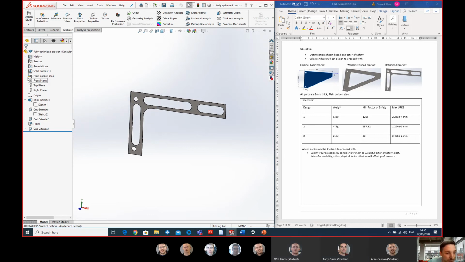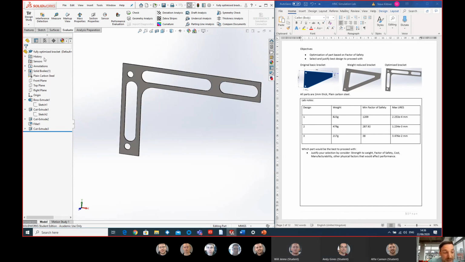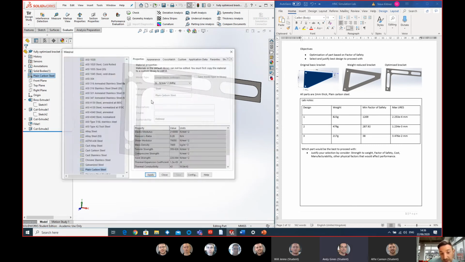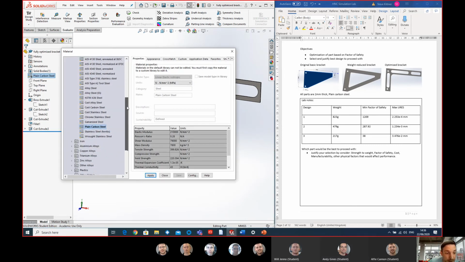Now, the reason I chose the plain carbon steel is because out of the steels, it's one of the weaker ones. Well, we wouldn't want to cast it. There is this alloy steel here.